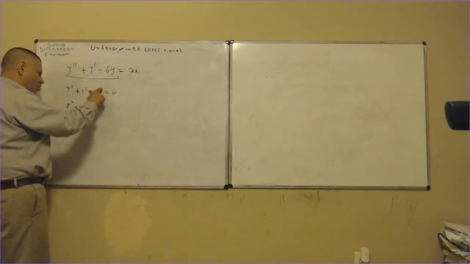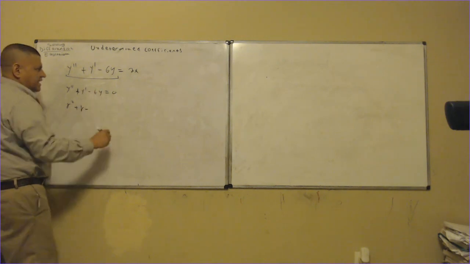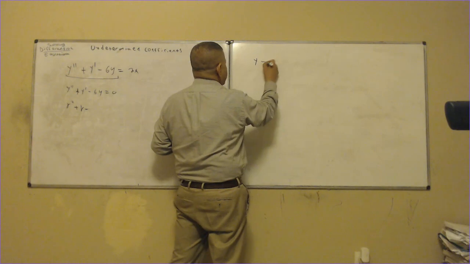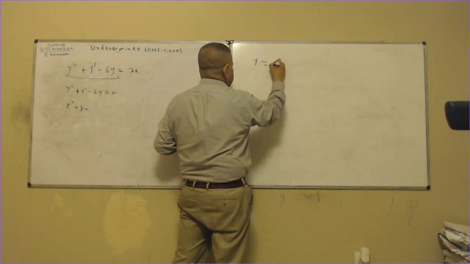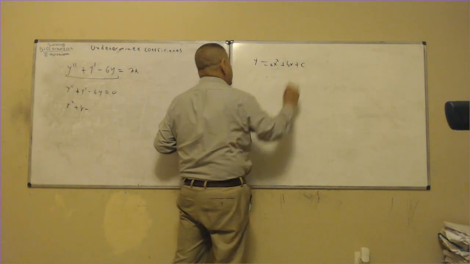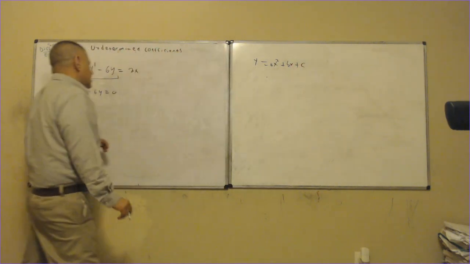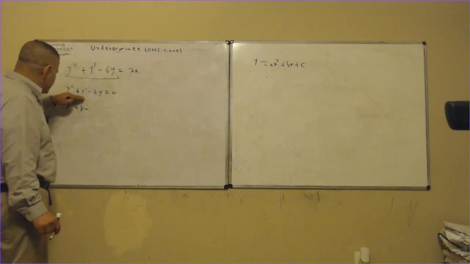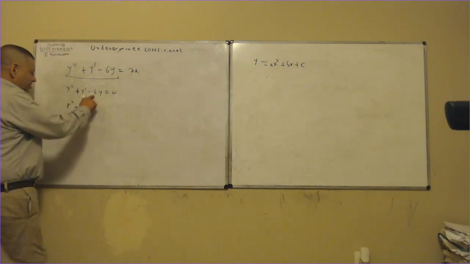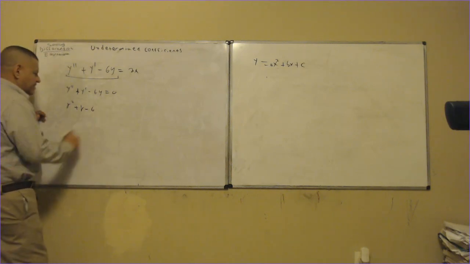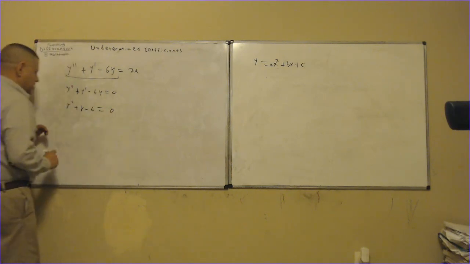So now this is becoming the form of ax squared plus bx plus c, right? In this case, I have my a, my b, my c, right? Now this is my c, which is a constant, which is 6, equal to 0.